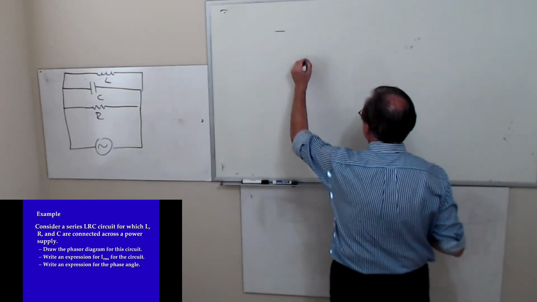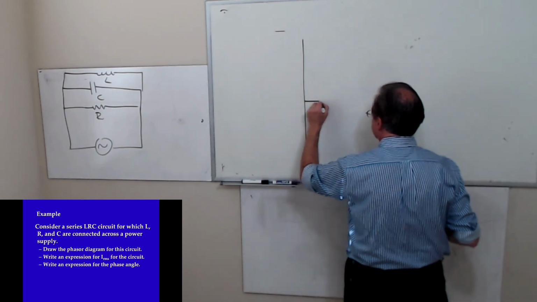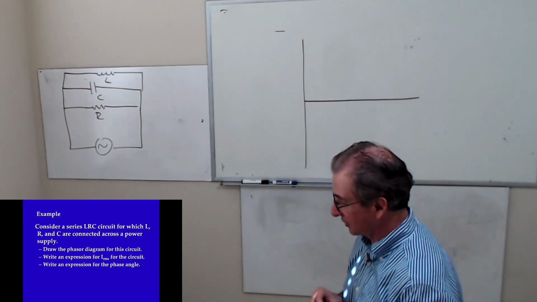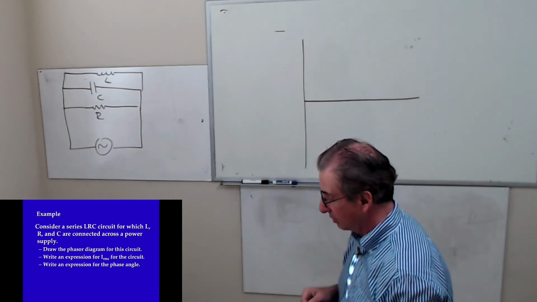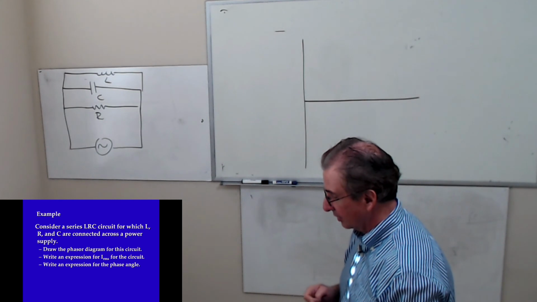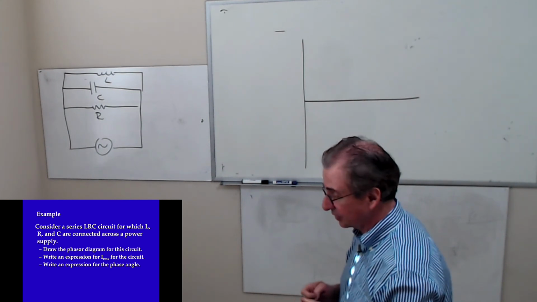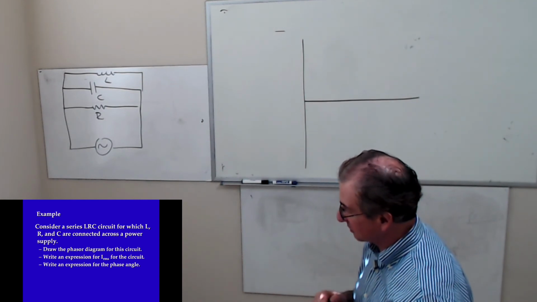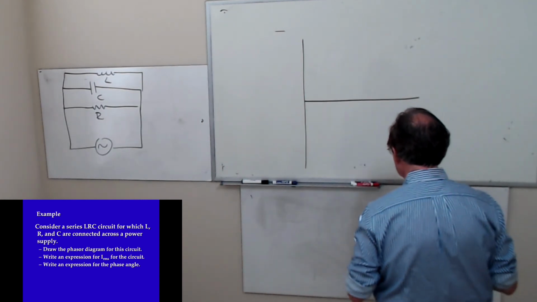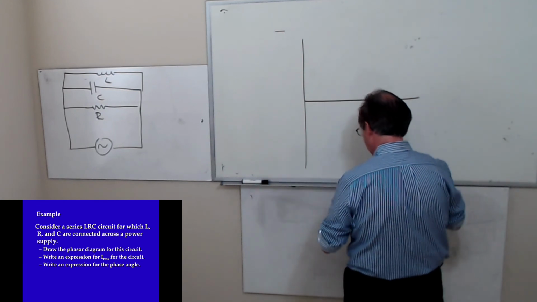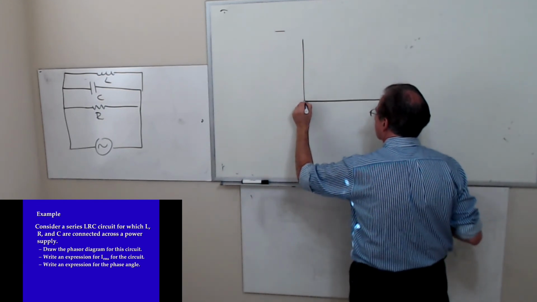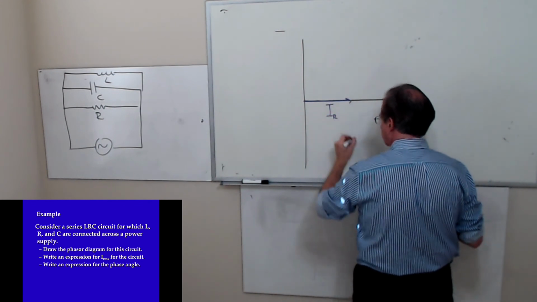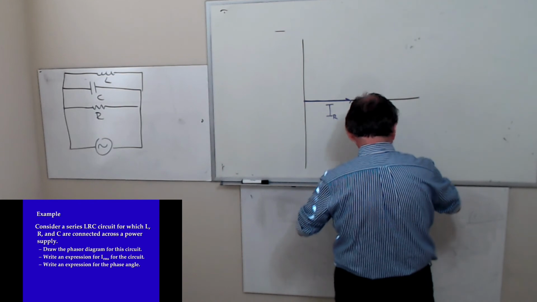So let me draw my phasor. I also know that the voltage across the resistor will be in phase with the voltage across the power supply. So again, let me draw the phasor for the resistor. Let me draw the power supply.